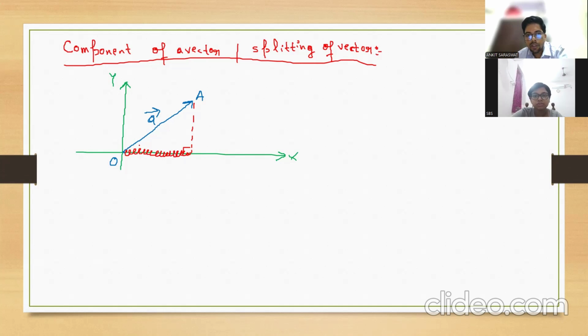This is the value. If this is theta, then how much is this? A cos theta. Clear? Now, when our original vector is moving like this, one of the projections is moving like this.